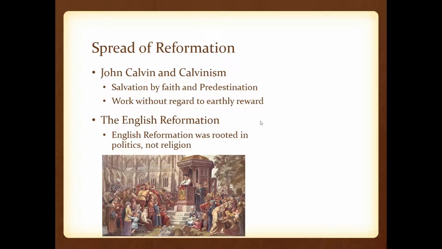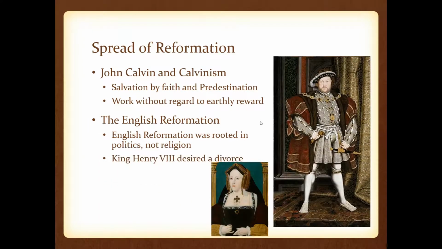It was basically a political idea of the King of England wanting something, and the church not giving it to him. Basically, what happens is King Henry VIII desired a divorce from Catherine of Aragon. In the 1530s, 1532, I believe, Catherine of Aragon is engaged and then marries Henry VIII's older brother, who dies mysteriously a month into their marriage.